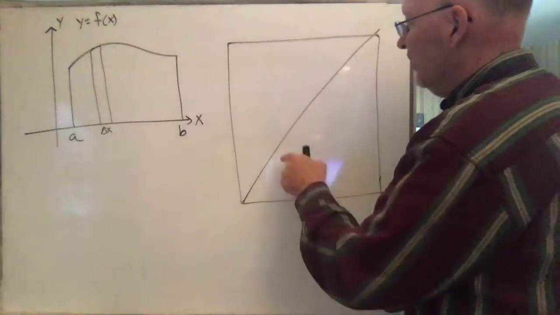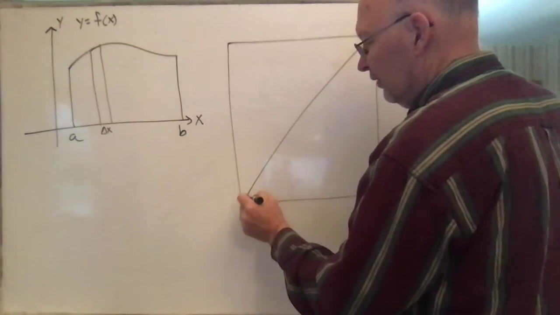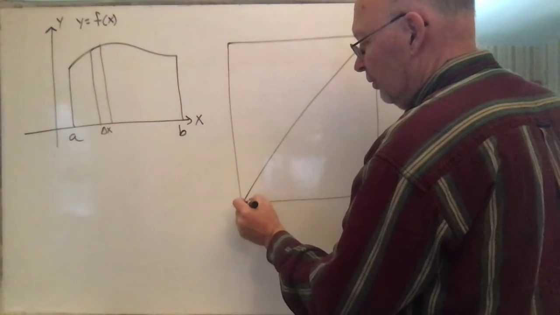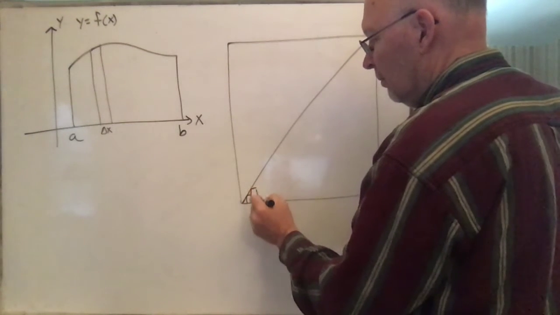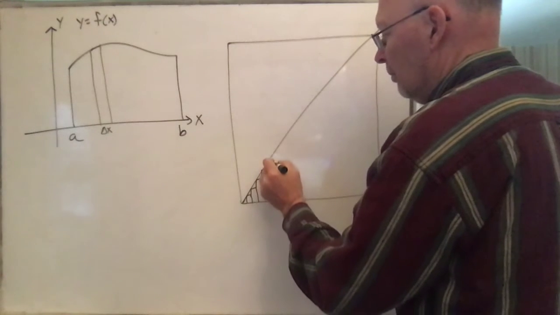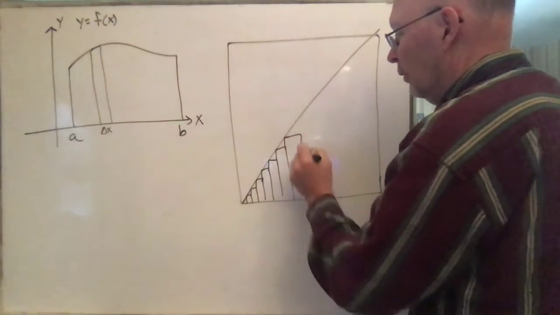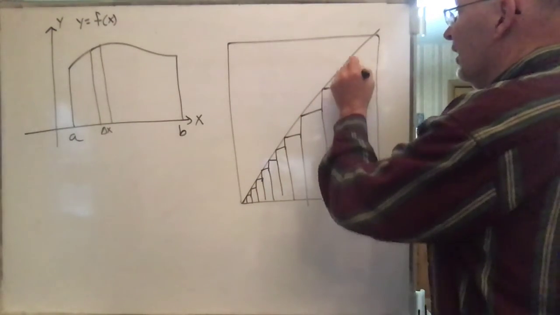If you want the area underneath this thing, all you have to do is take these little rectangles, like so. I'm going to start making them wider just so I don't spend too much time doing it. There you go.